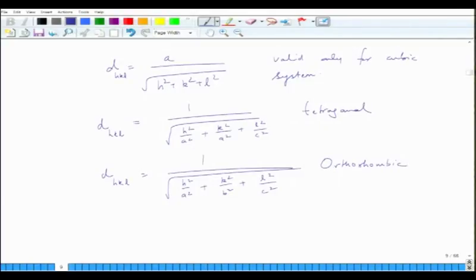If you look at orthorhombic, the formula looks fairly similar, for these three are orthogonal systems, okay.